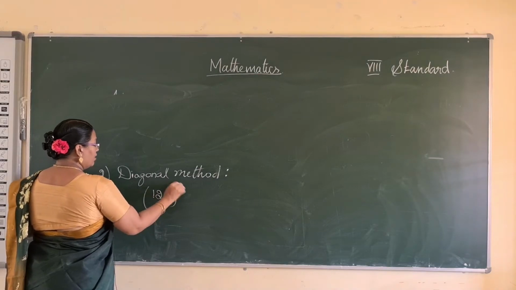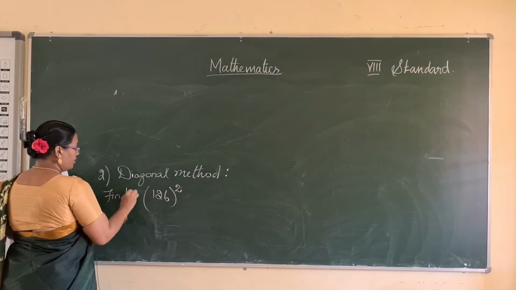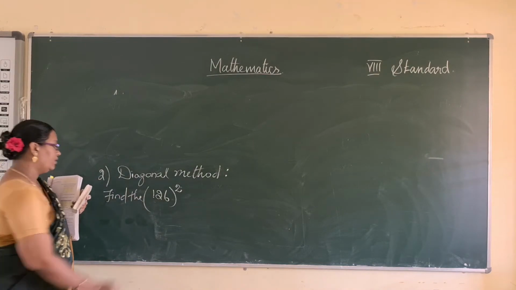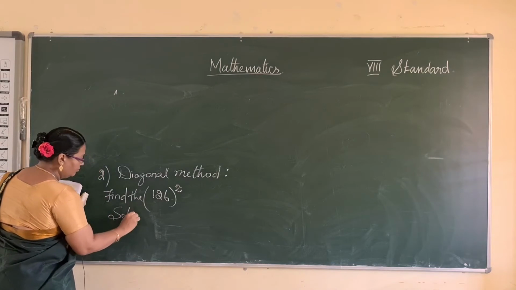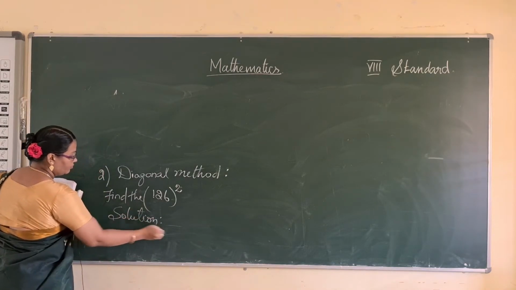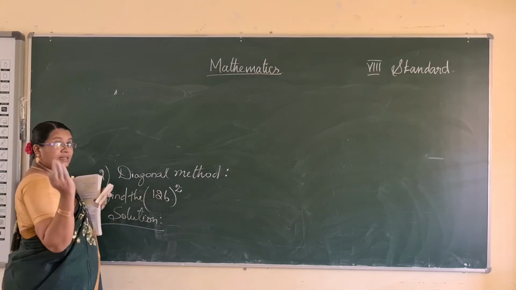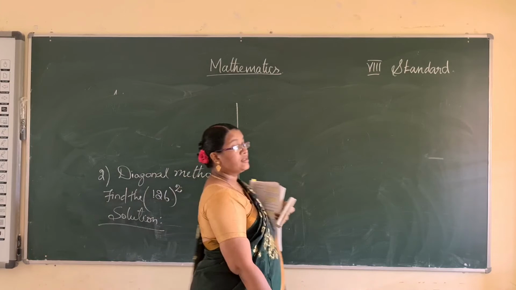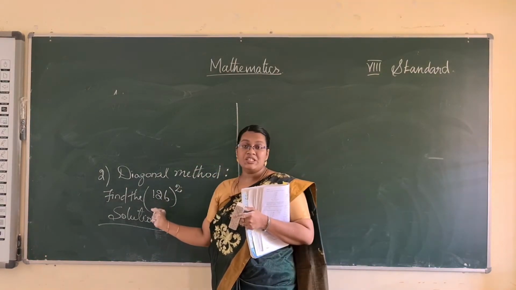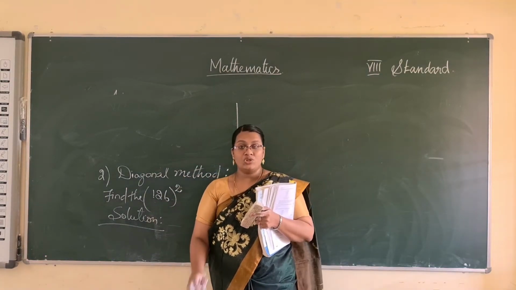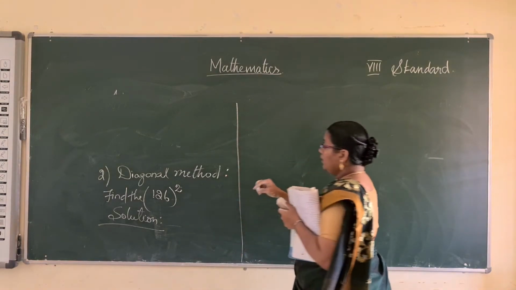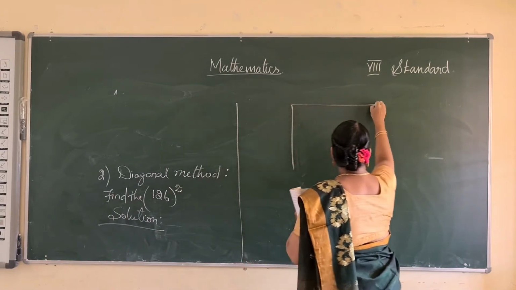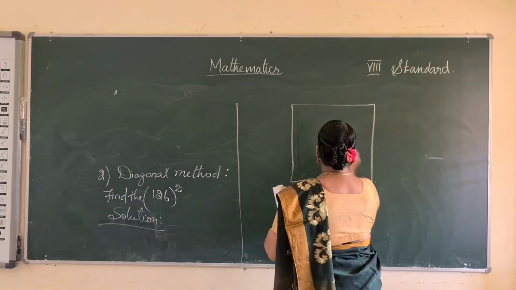Find the value of 126 squared. Solution: how many digits are there? 3 digits. So you will draw a 3 cross 3 square matrix. If 2 digits are given, you will draw a 2 cross 2 square matrix. If 3 digits are given, you will draw a 3 cross 3 square matrix.